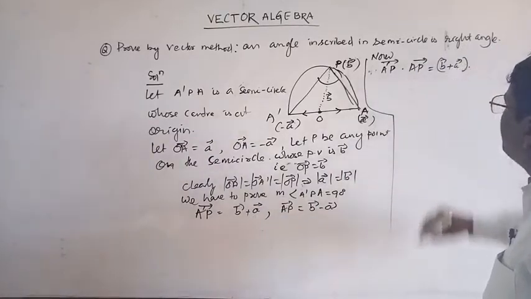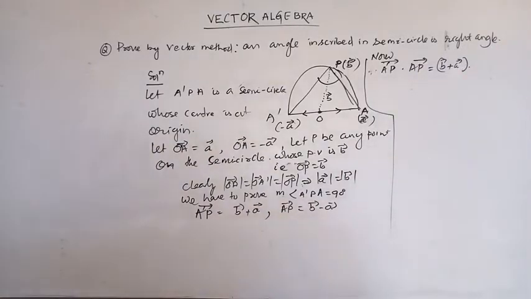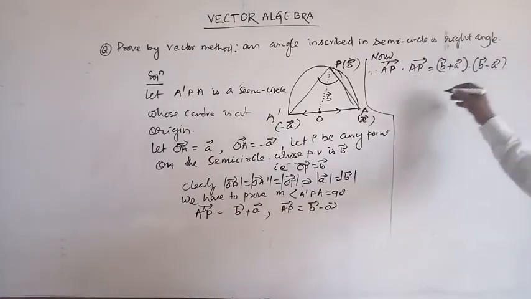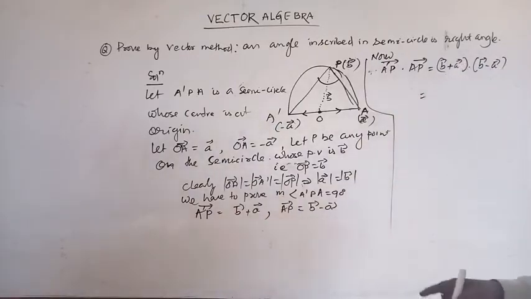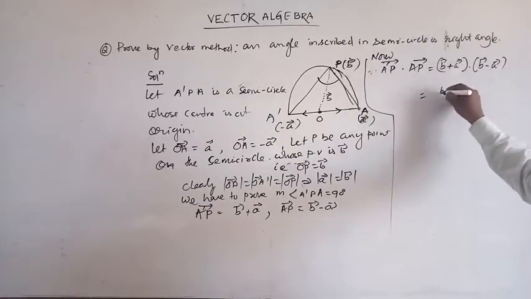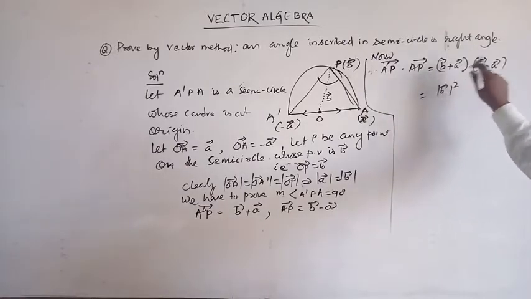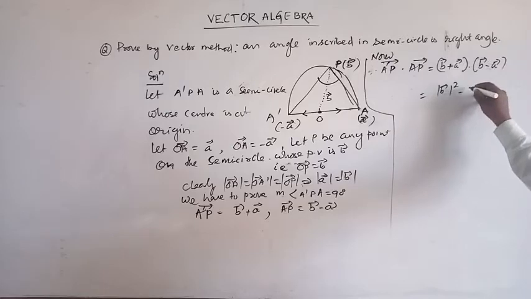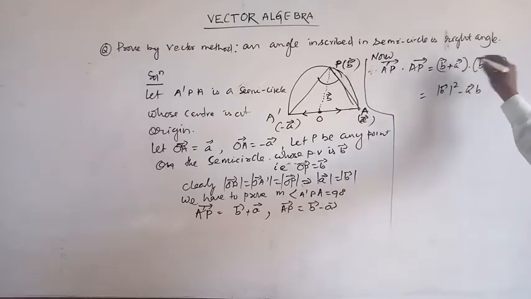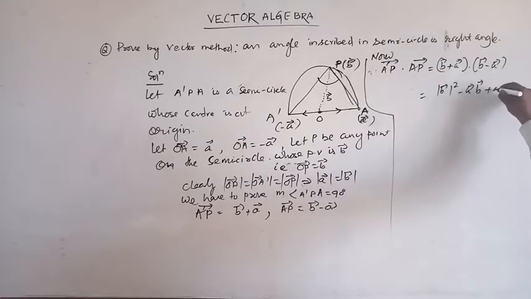So B vector plus A vector dot B vector minus A. So we know that B dot B is magnitude B square, and B dot A, this is minus B dot A or A dot B, and plus A dot B, this is magnitude A square.